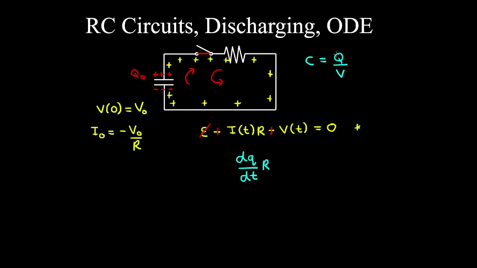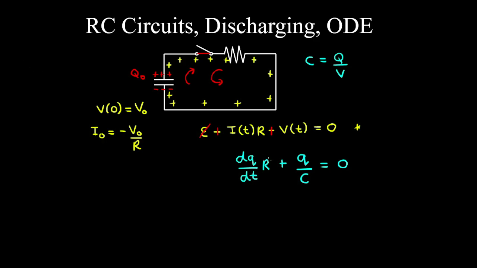So the voltage across the capacitor at time t is equal to the charge at time t on the capacitance. So note that charge begins to leak off the capacitor when we close that switch, and the voltage drops over time. And so does the current.